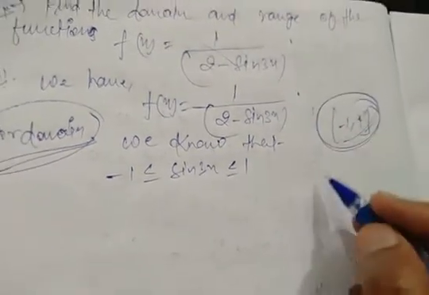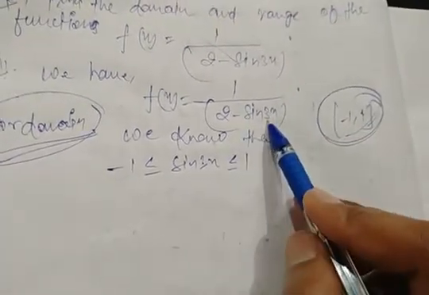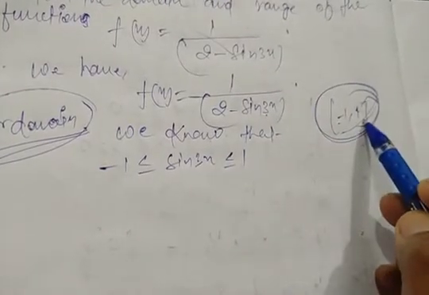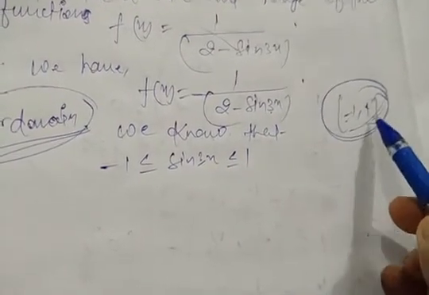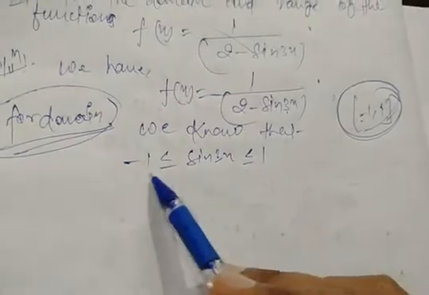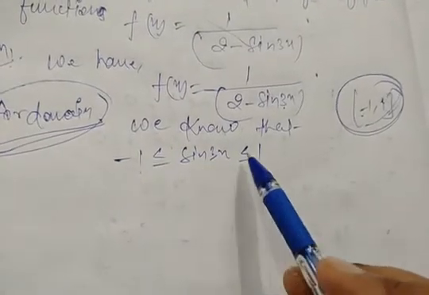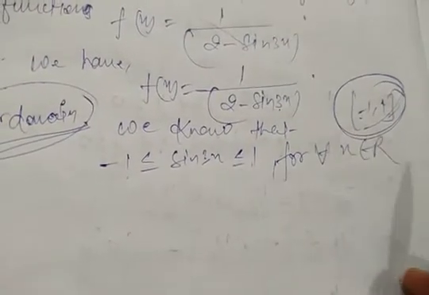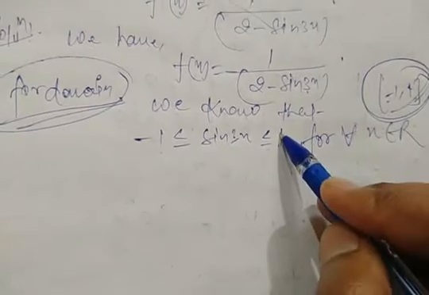The range of the sine function is the closed interval minus 1 to 1. So we know that minus 1 is less than or equal to sine 3x less than or equal to 1 for all x belonging to real numbers.